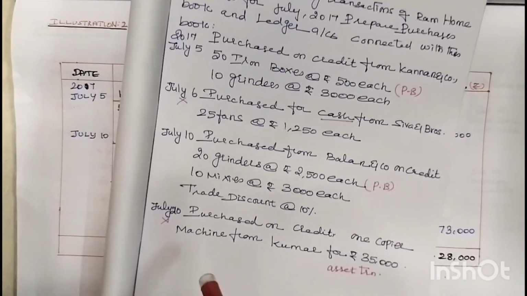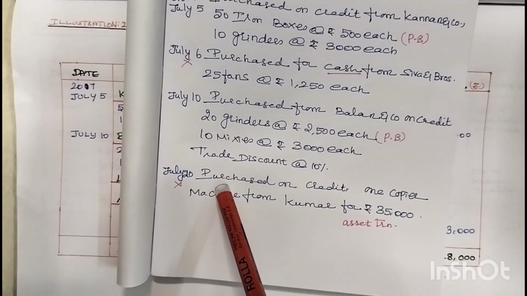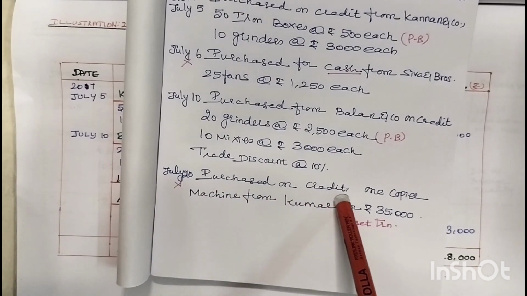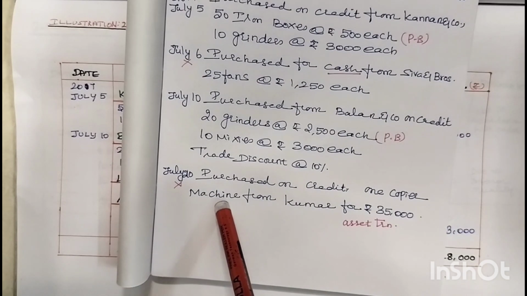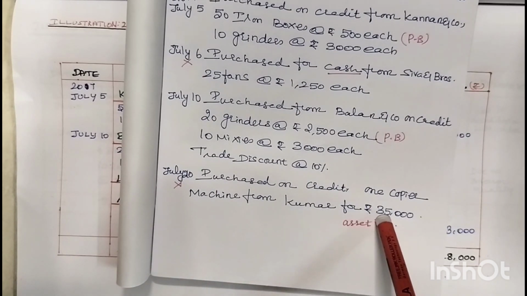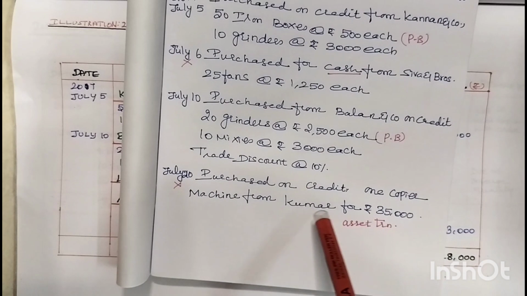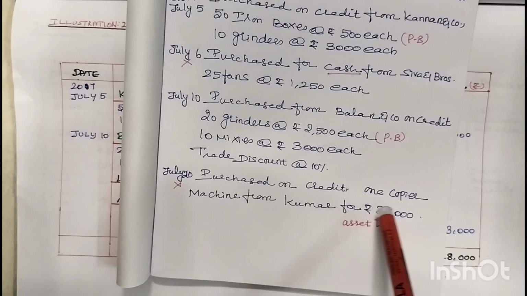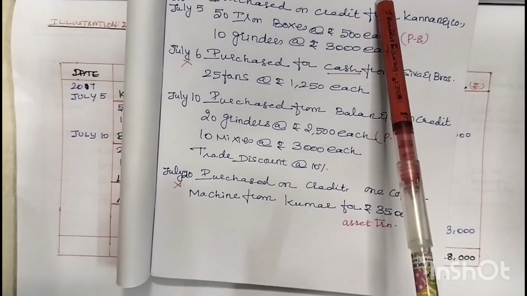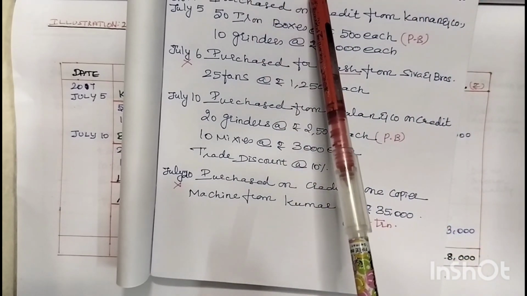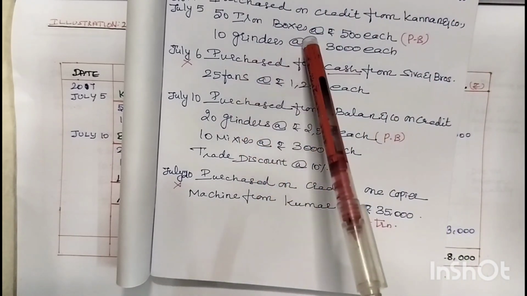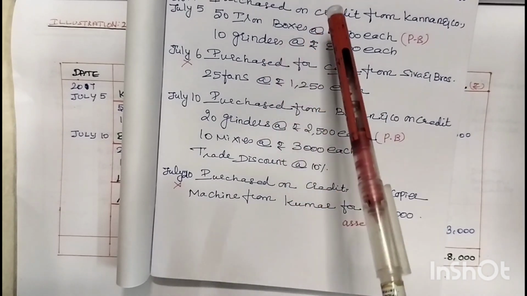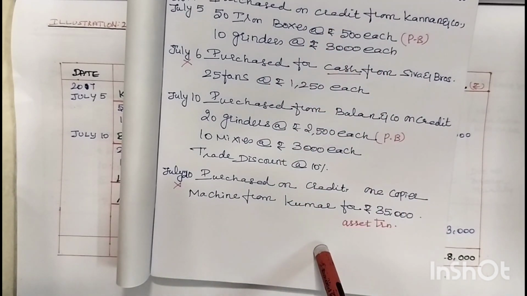Let's see the next transaction, that is July 20, purchased on credit one copier machine from Kumar for rupees 35,000. What does this transaction tell us? This transaction clearly tells us it is an asset transaction, because ROM Home Appliances deals only with home appliance items. Here the copier machine is not a home appliance.